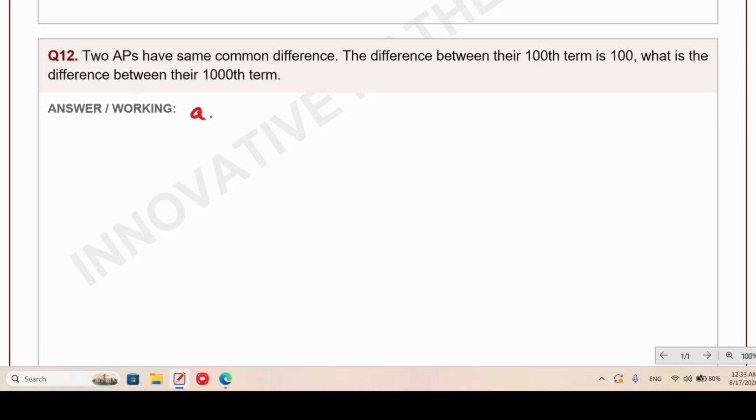See, this is A100 is equal to A1 plus. So let's first do it. Let the first term of AP be A1, A2 and the common difference is D. Let the AP be A1, A2, and so on, with common difference D. So A100 is A1 plus 100 minus 1 into D, right?